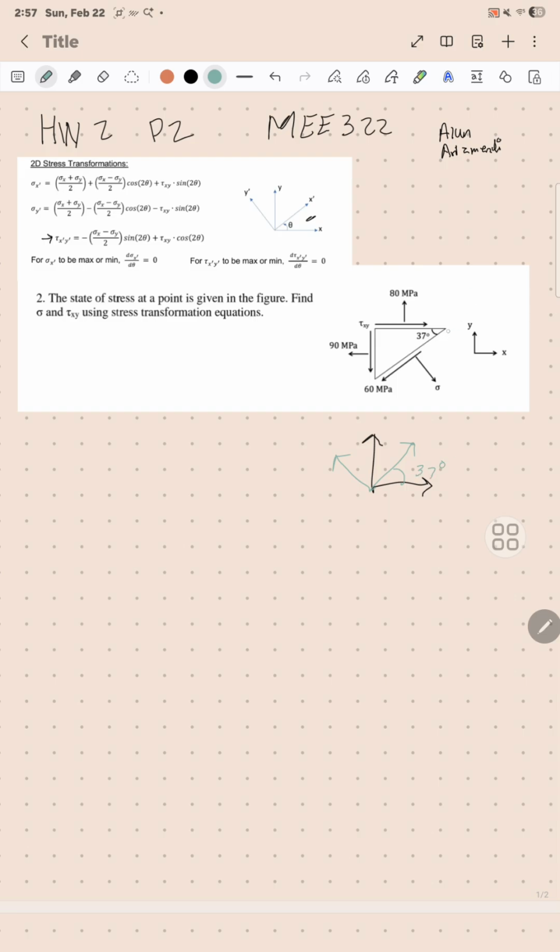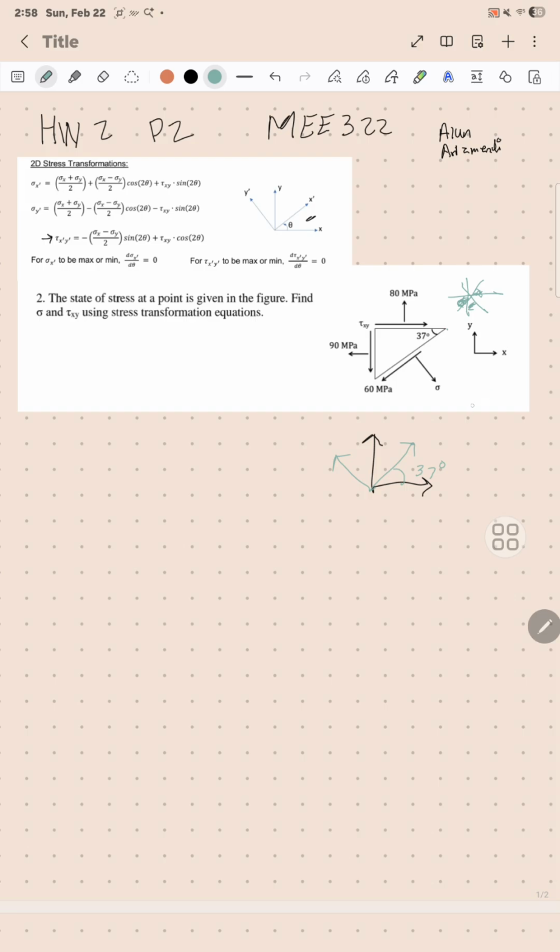37 degrees. Because if this guy is 37, then this guy's 37, and this guy's 37, so that guy's 37. And I'm going to be using the opposite side. I like using this trick because it helps you not having to find the other angles.